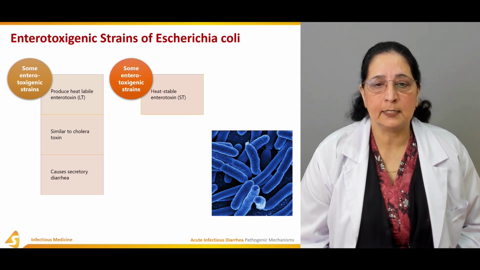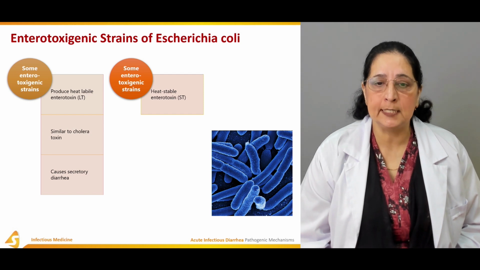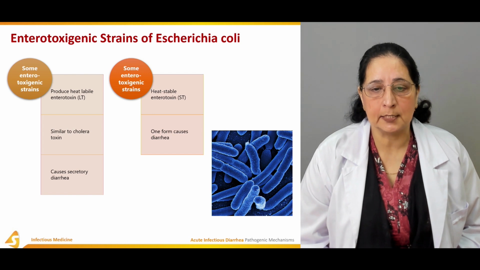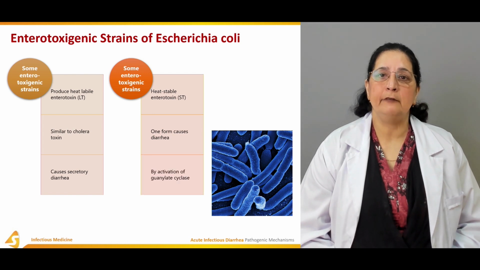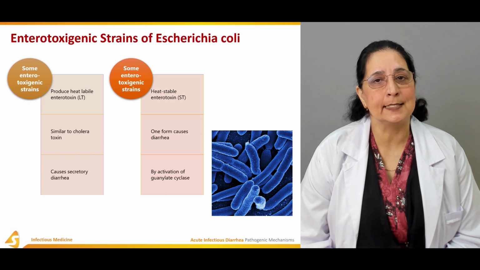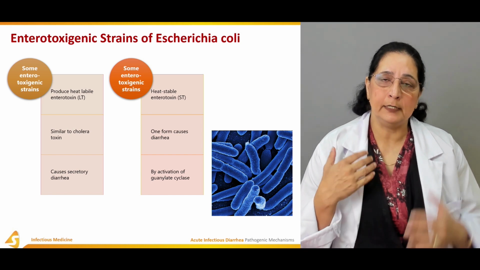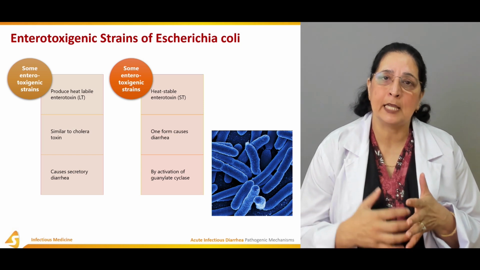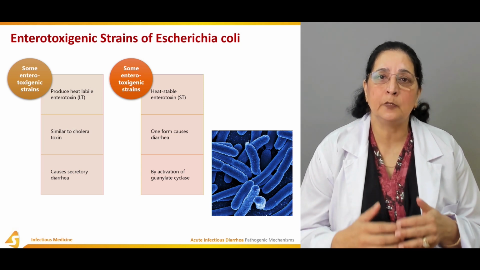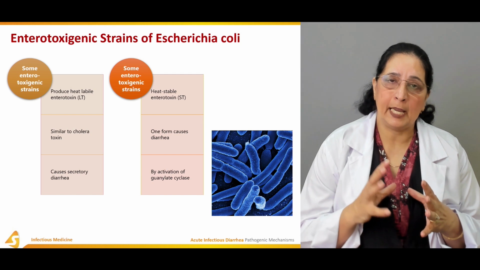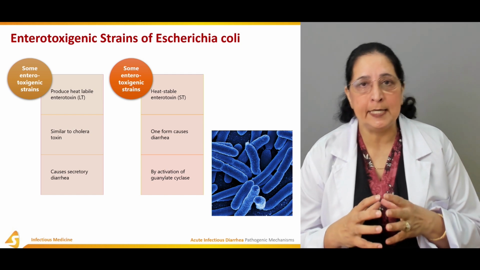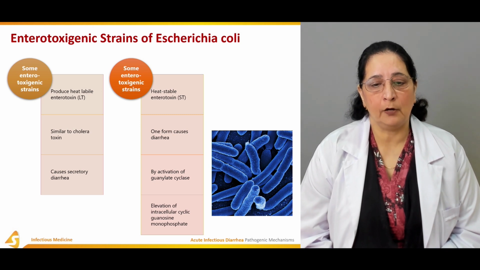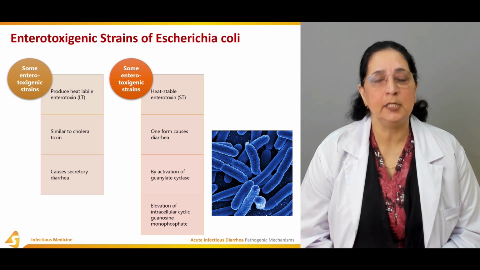Then we have some that are heat stable enterotoxin. One form causes diarrhea by activation of guanylate cyclase. So these are the mechanisms of action of different enterotoxins produced by E. coli, which can be heat labile and heat stable. There is elevation of cyclic guanosine monophosphate.